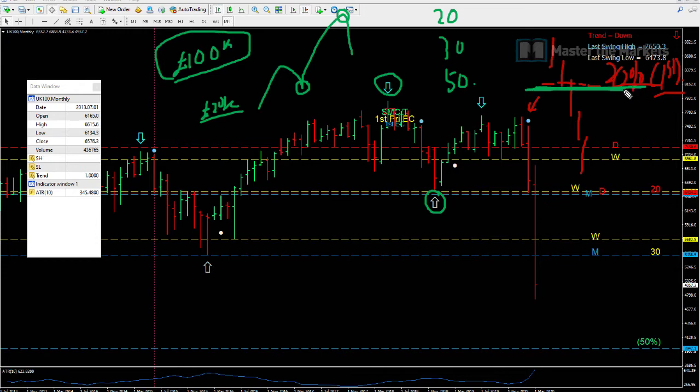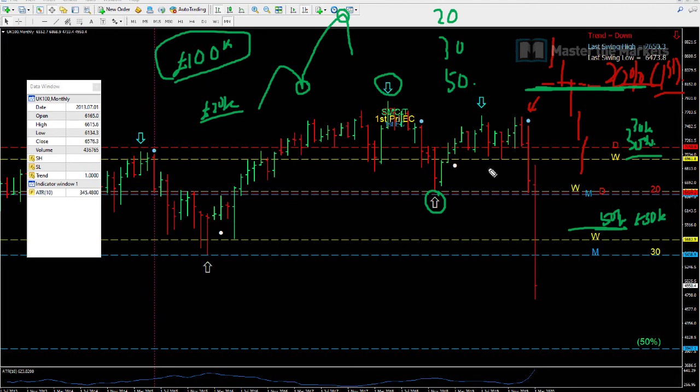Now, if the market goes further down, you put in another 30% of your account, which is 30,000. And then finally, if it breaks into the 50% level, you put in the remaining part of your capital, which is 50,000. At that point, you would have invested your total capital into the full market position as it's falling through.